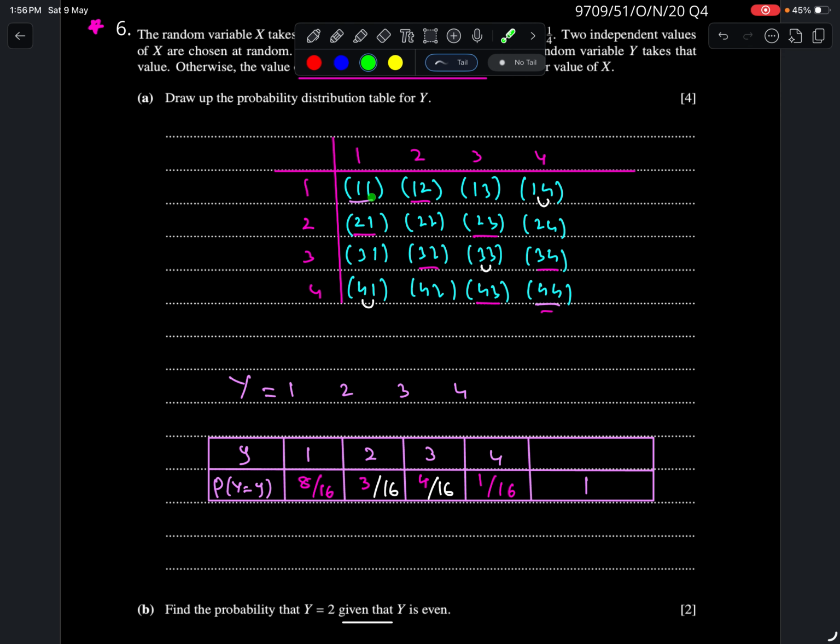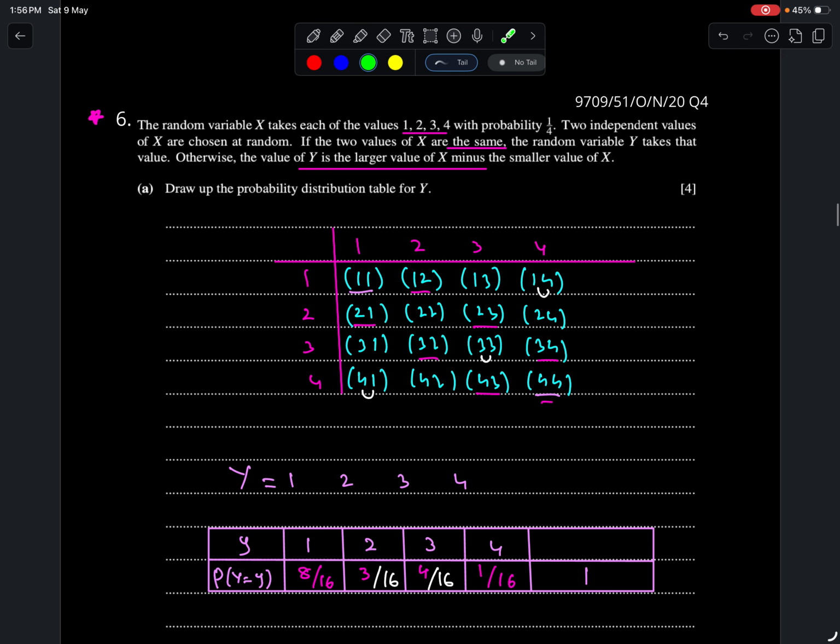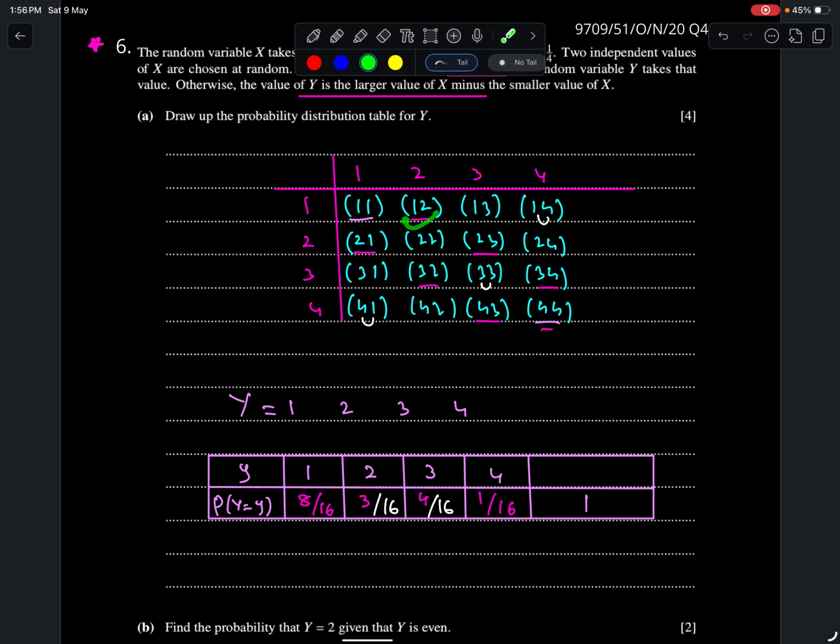Now, how to write the probability of 1? See, Y is 1. Here 2 minus 1 is 1. Y is the larger value of X minus the smaller value of X. So 2 minus 1 is 1. So Y can take 1. So 1, 1, 1, 2, 1, 3. Sorry, 1, 3 is not possible. This is 1, 1. This will give you 1.